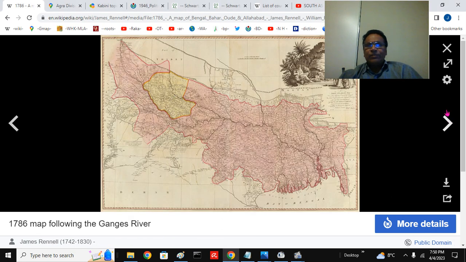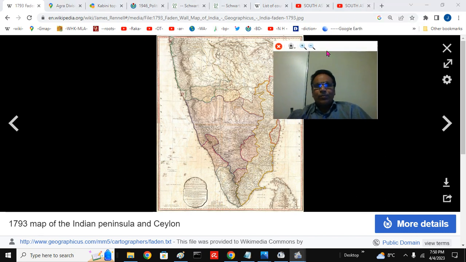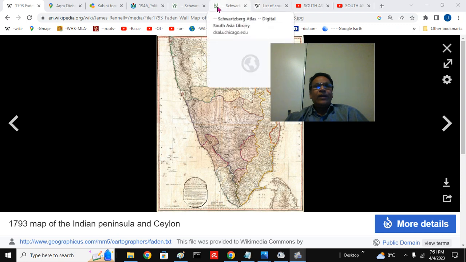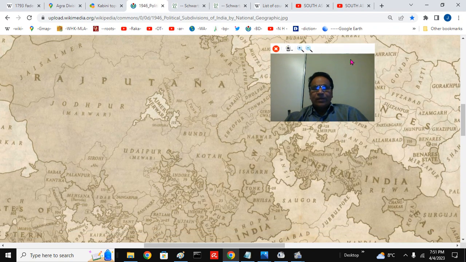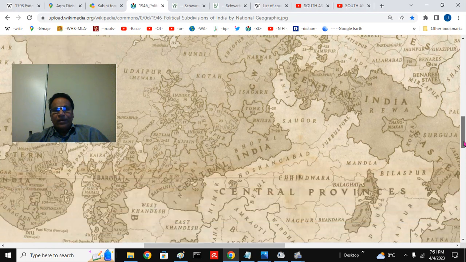This is the Awadh princely state. So that's how the initial states, the political divisions and the concept of districts came, and later these districts were consolidated, and these are some of the district maps when the British were leaving India at the time of partition.